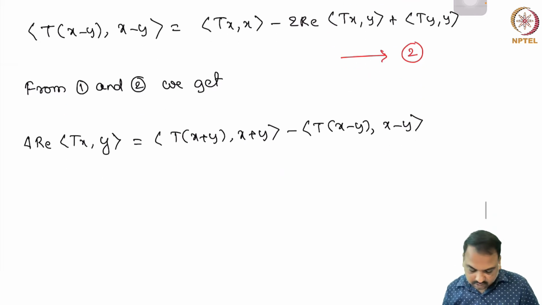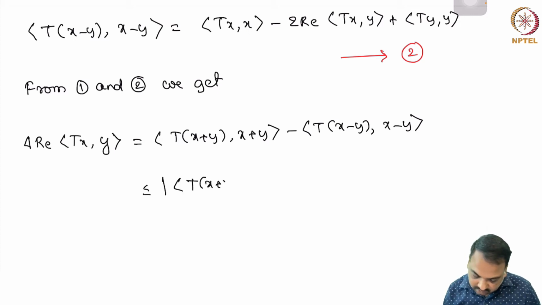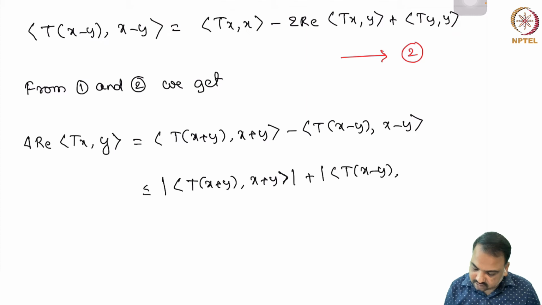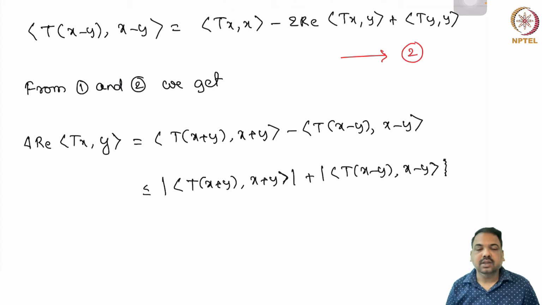Okay, now this is less than or equal to, if you take the modulus of this, modulus of inner product T of x plus y with x plus y plus modulus of inner product T of x minus y with x minus y by the triangle inequality.